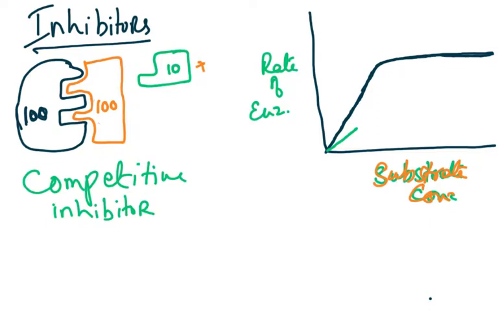And if they fit into the active site, they do not form a product. So as we keep on increasing this, these poor competitive inhibitors have no chance. So if you look at the graph, it is going to ultimately reach the final end. Now this is a very typical graph for competitive inhibitors.